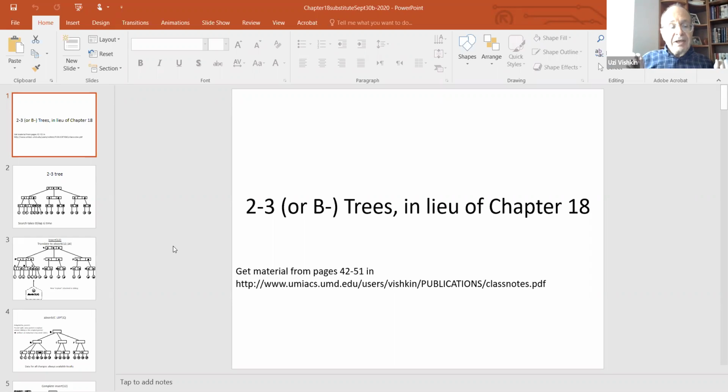Now, I'm going to explain why I'm going to rely on the text taken from a chapter in my parallel algorithms course for 2-3 trees, which is the data structure I'm going to describe next.